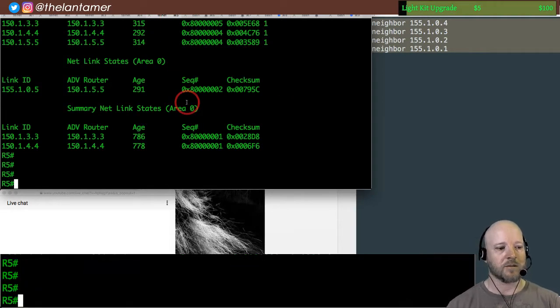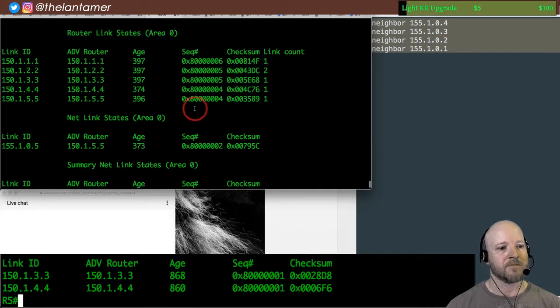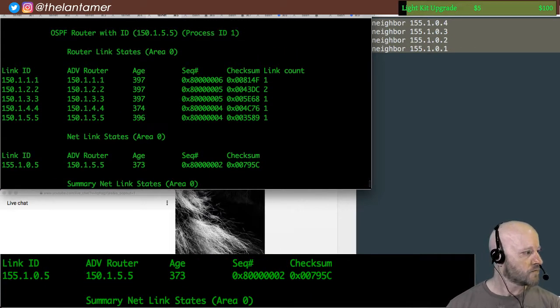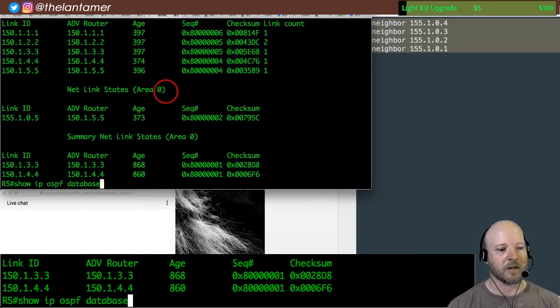So router 5, show IP OSPF. Let's look at that again. Let's do summary.